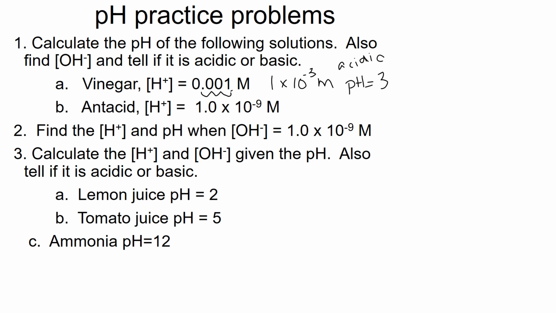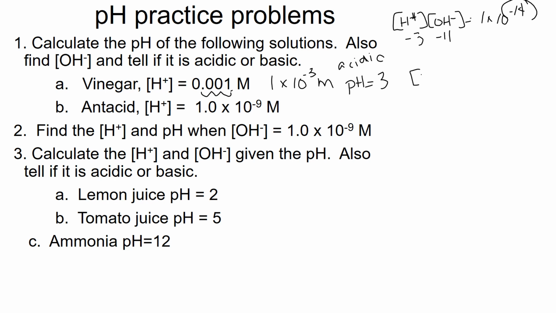The other question it asks is to find the hydroxide. And now we're going to go back to that equation that the H plus times the OH minus is equal to 1 times 10 to the minus 14. Now the previous problem we put in numbers and calculated it. But if you remember from the rule of exponents, when you multiply the numbers, the exponents add. So we can use that simple rule. If this one was a minus 3 exponent, in order to add to minus 14, this one has to be minus 11.